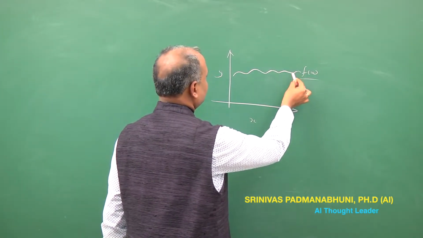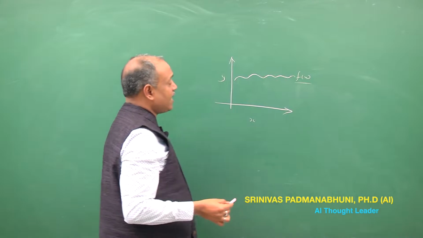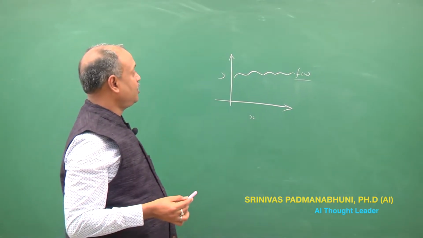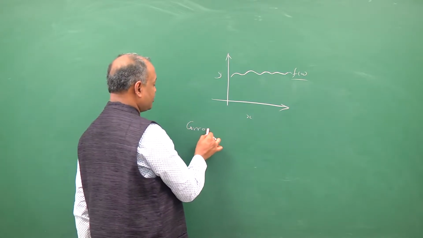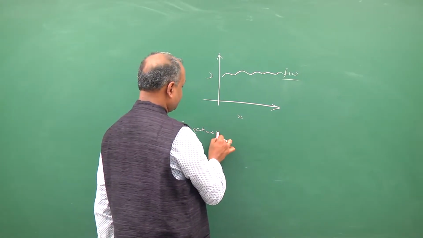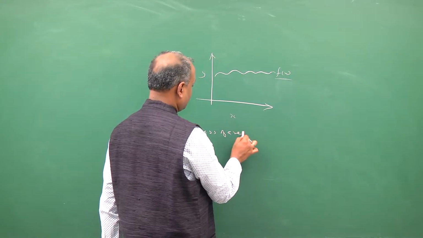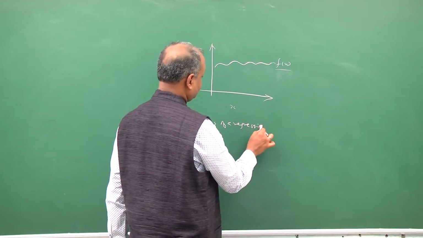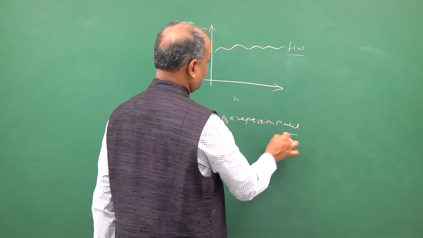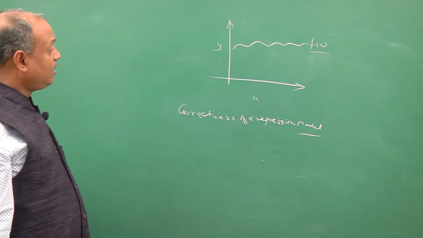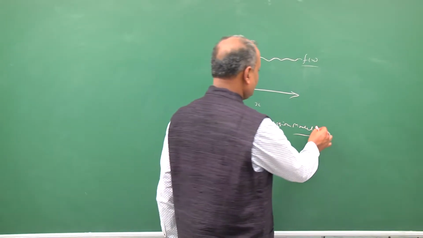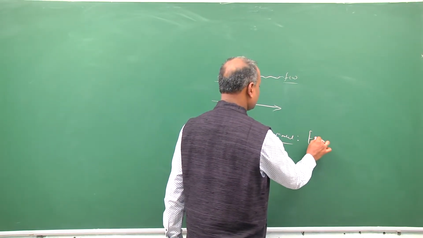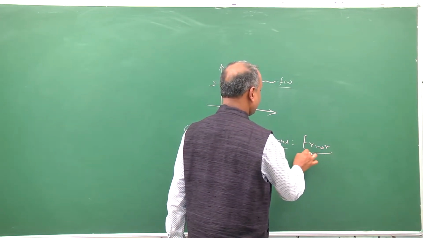In terms of how you would like to approach the correctness of a regression model, it is based on the idea that you need to have some notion of error.